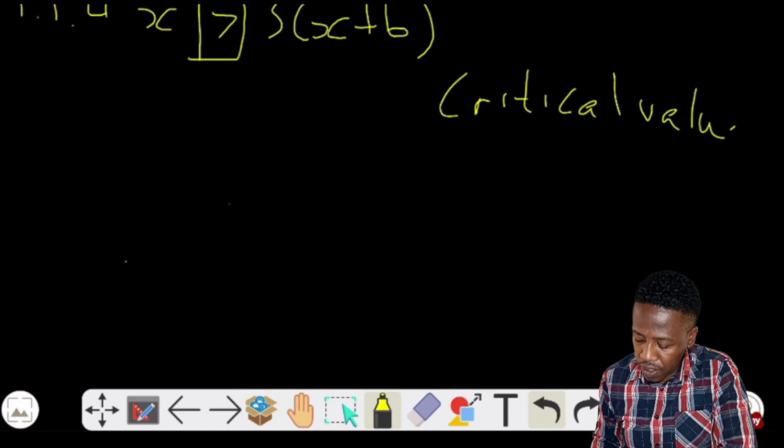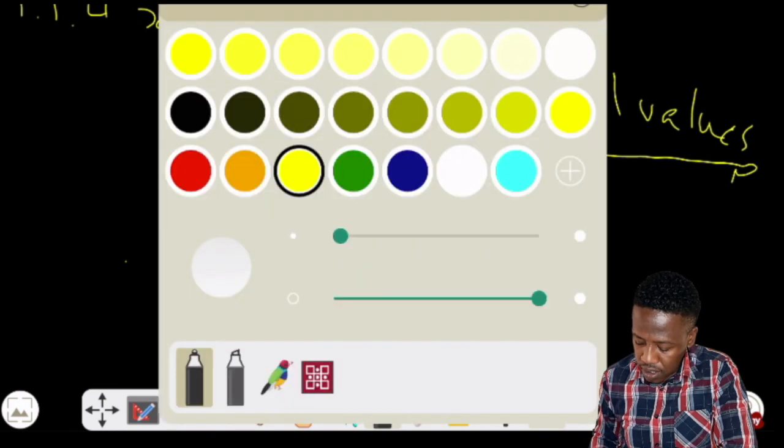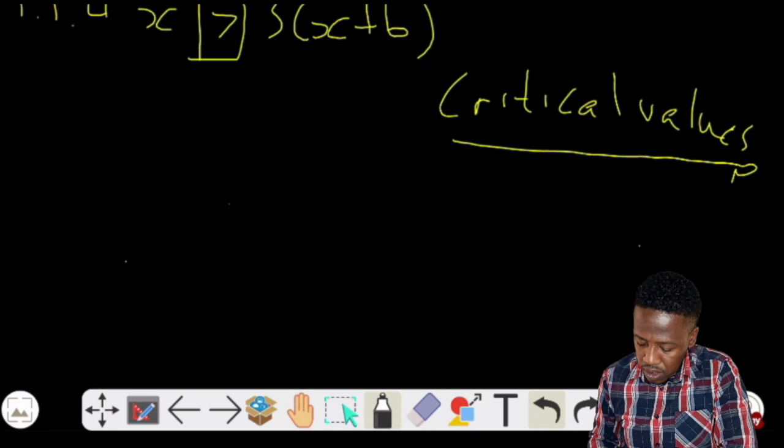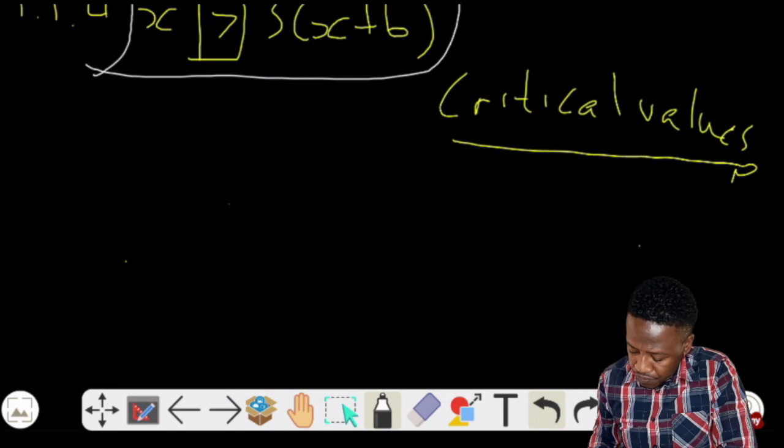Now we are going to get this into standard quadratic form, and then determine our critical values.